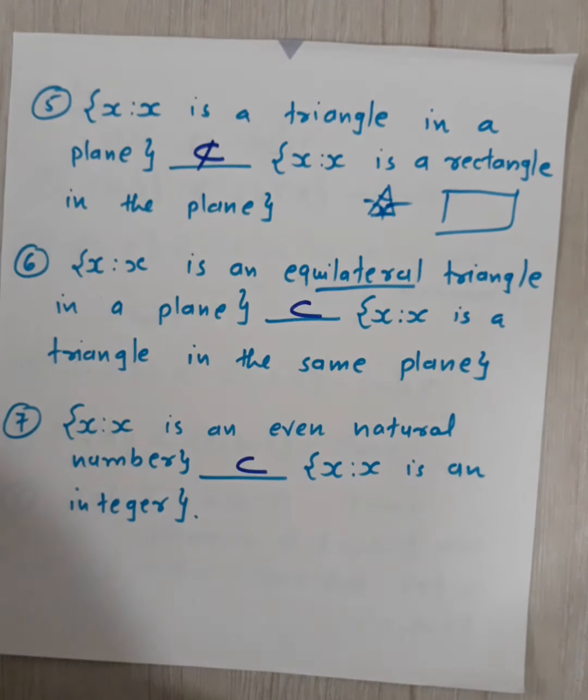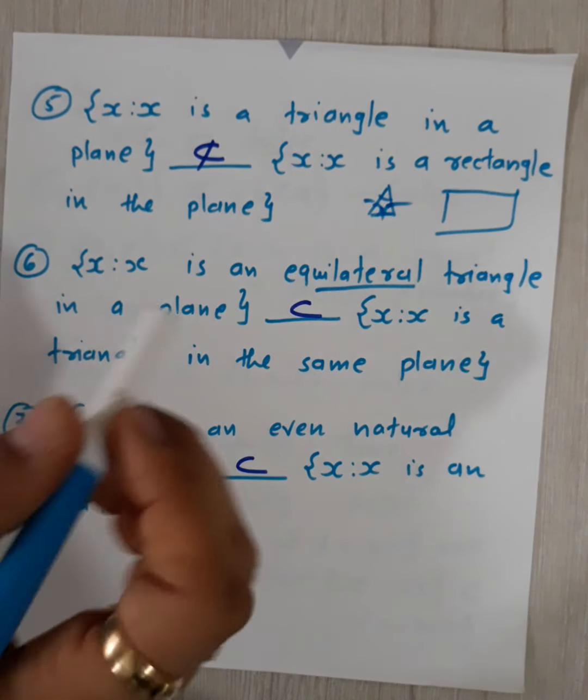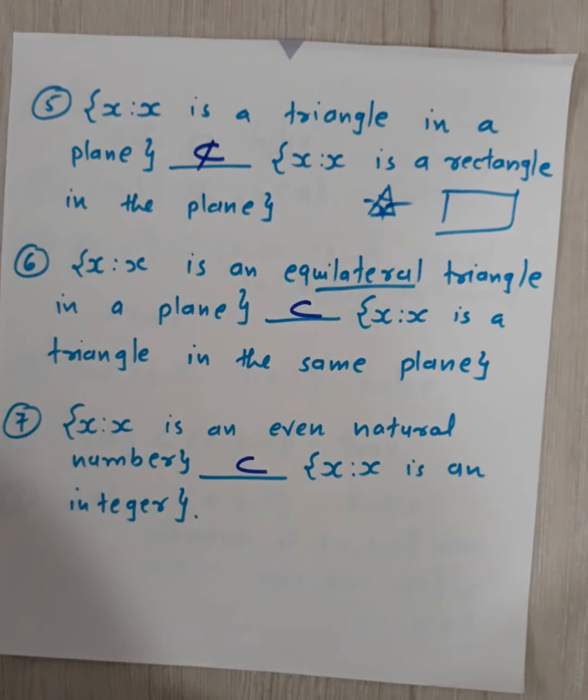Okay. So you have to tell that this equilateral triangle is dash, and for all X is a triangle in the same plane. I hope you understood the meaning of equilateral triangle.